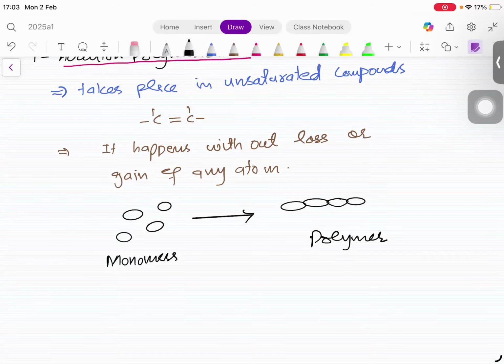That glue I'm talking about, just think of it as a catalyst or something. I have like four pens. If I put them in a beaker and then I put a glue, these four pens organize themselves one after another and make one long chain, one long big pen having all four joined together like this.